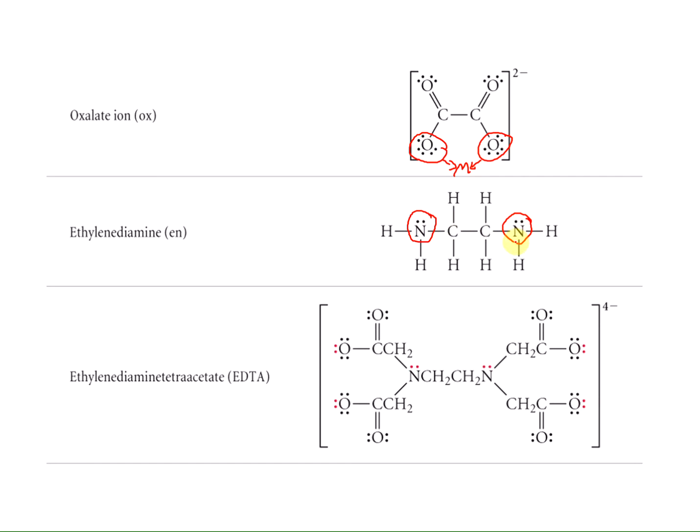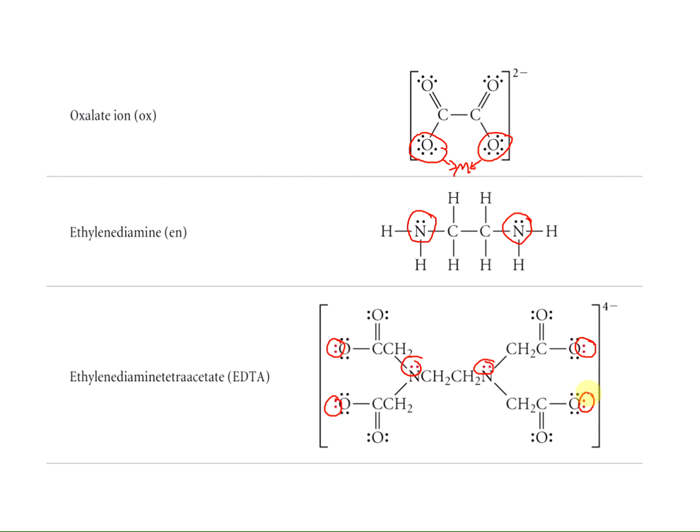And then this very big ligand is EDTA. So if you look at some of your food containers and ingredient lists, you may see EDTA listed as an ingredient. But it has 6 points of attachment. So 1, 2, 3, 4, 5, 6.